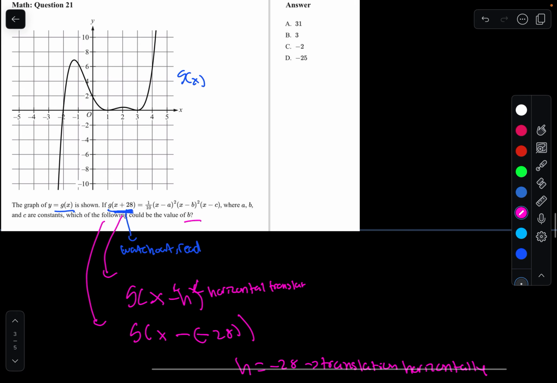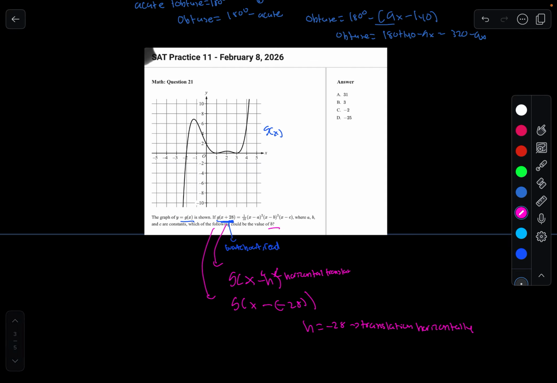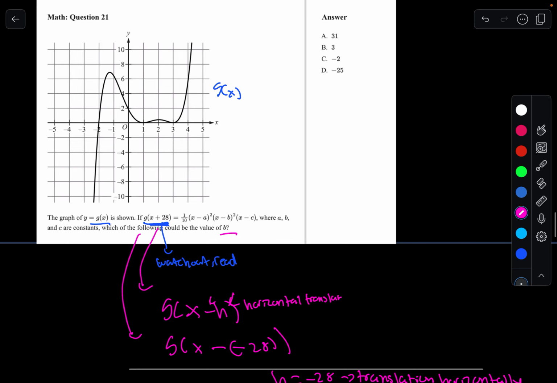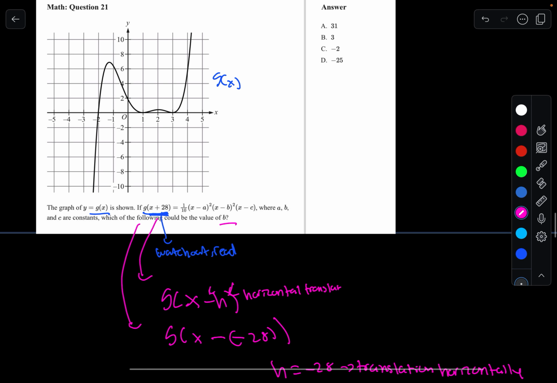So which of the following values could be the value of b? So, yeah, that's another thing. Value of b. So b just has a multiplicity of 2, which is even, because the exponent of the factor is even.